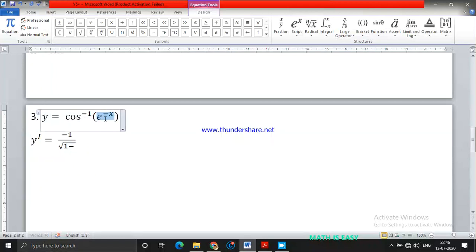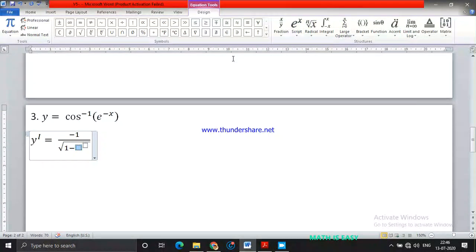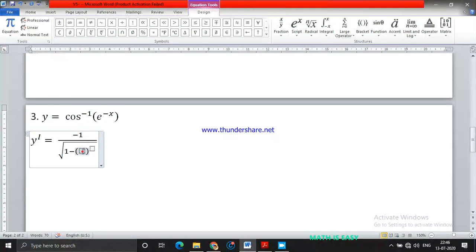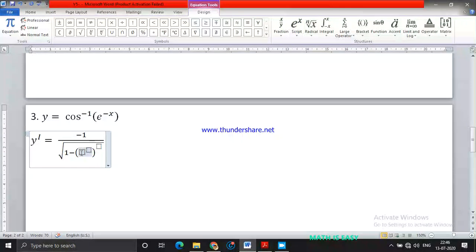In place of x, here you have e power minus x, so it will come as e power minus x whole square.